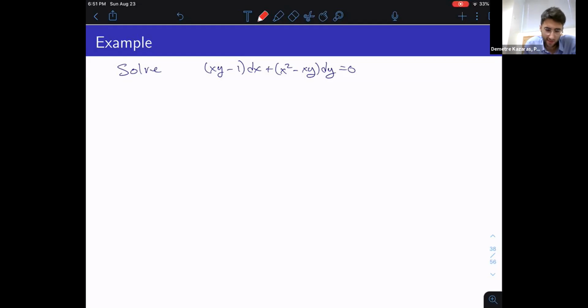All right, so this is not exact because notice that the y derivative, partial y of this thing, is equal to just x, and the x derivative here of this thing, writing them as boxes, is not x. It's 2x minus y, different than just x. So this is not exact.